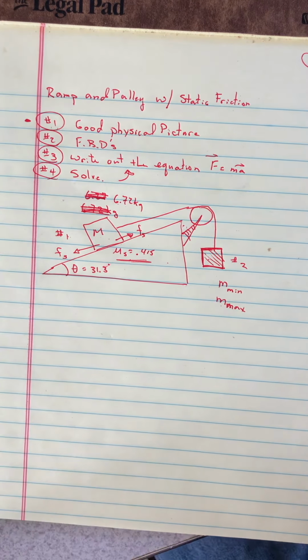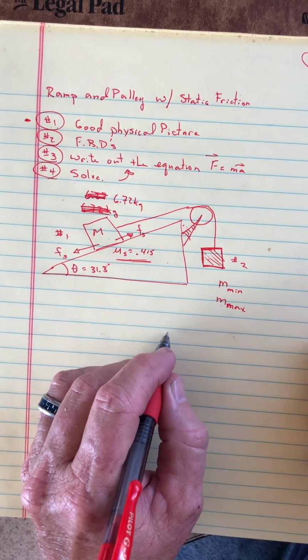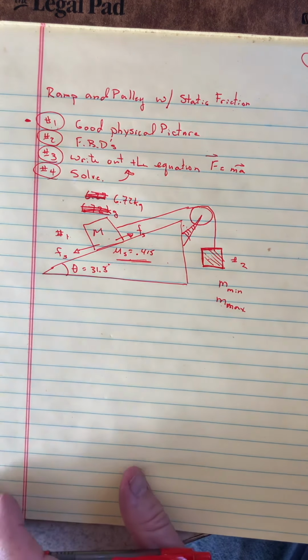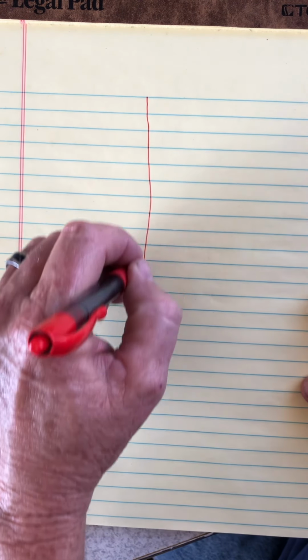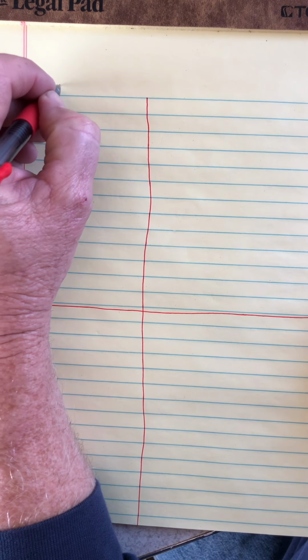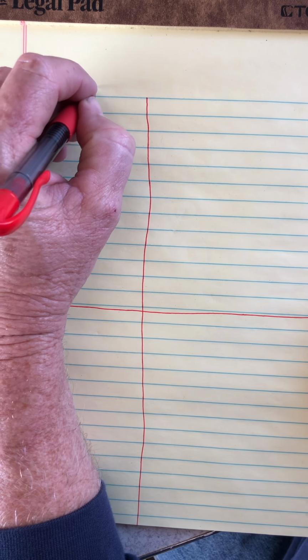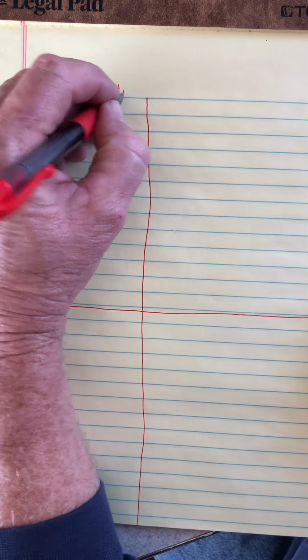All right, so with that in mind, I can now go ahead. I'm going to get myself a brand new piece of paper here so I can give you a lot of room. And I'm going to divide it into 4 pieces, really, because I have a free body diagram to deal with for capital M, or block number 1.